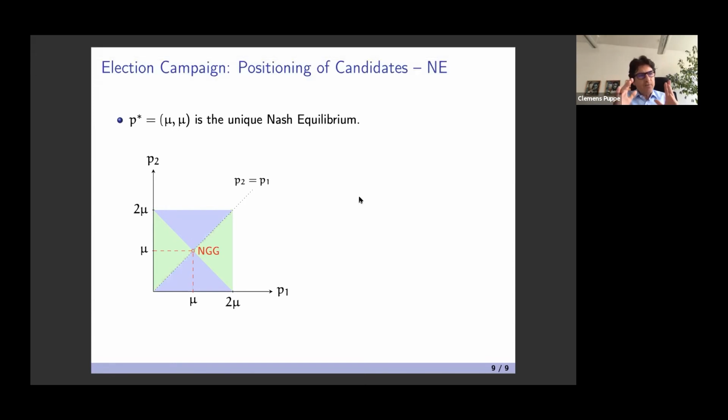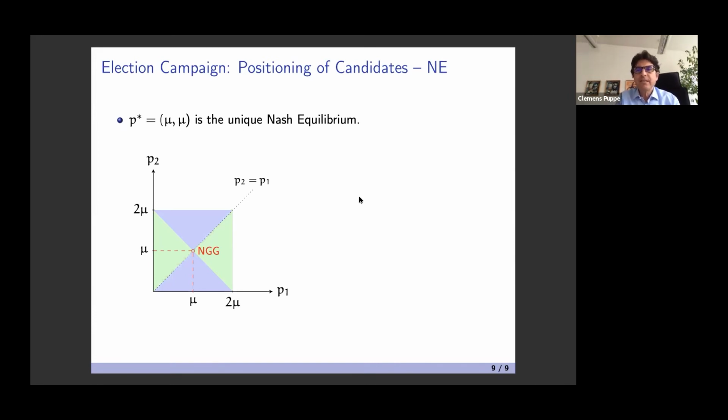This is a different version of the median voter theorem, right? It concerns the candidates. When the candidates choose positions in this spectrum, they will try to find out where the median voter is, and then they will position both of them at the median point.